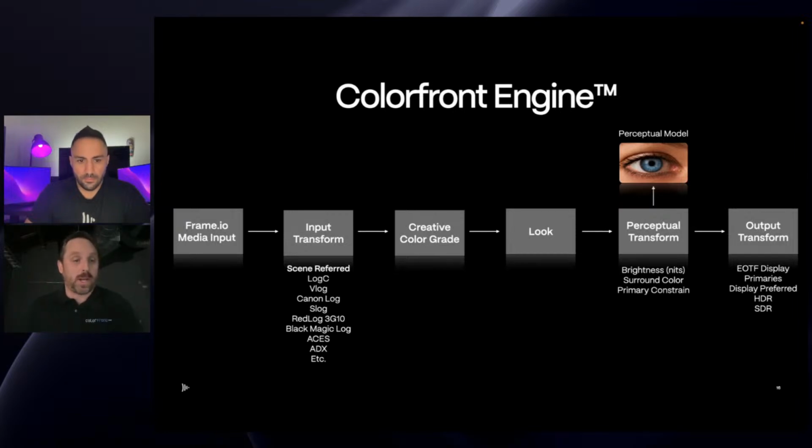So we at Colorfront, headed by our CTO and Chief Color Scientist, Bill Feitner, have developed what is called the Colorfront engine. This allows you to take all those inputs into different output spaces, using the perceptual model to map things to larger, smaller, or different color spaces on the fly without having to change everything before that.